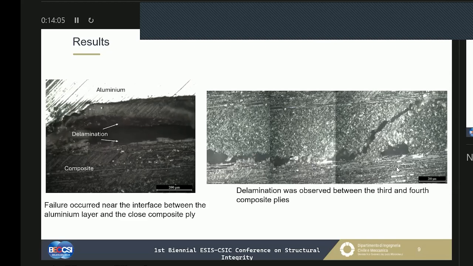While on the right we can observe a delamination in one of the plies of the composite laminate, so the second load drop. In this case, we can observe that the crack grew between the third and the fourth composite ply, that is a ply oriented at 90 degrees with the axis of the specimen.